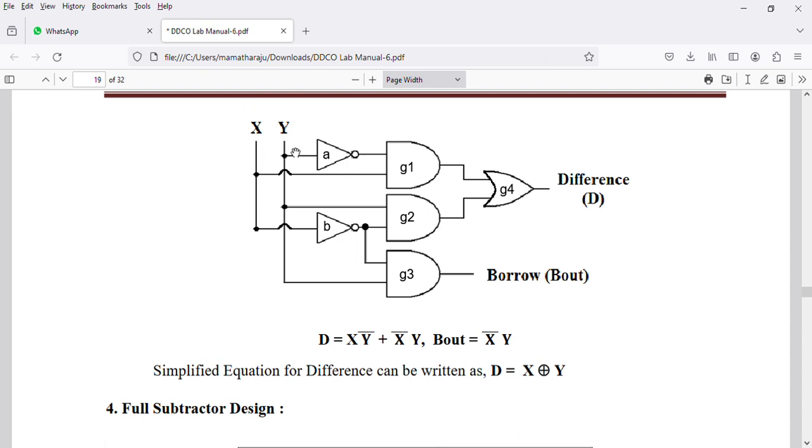X and y are our two inputs, A and B are two NOT gates, G1, G2, G3 are three AND gates, G4 is an OR gate.